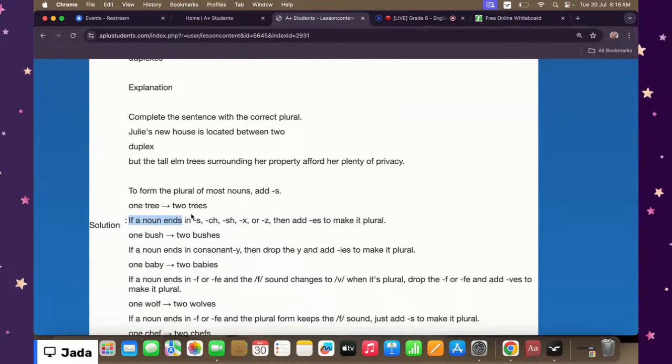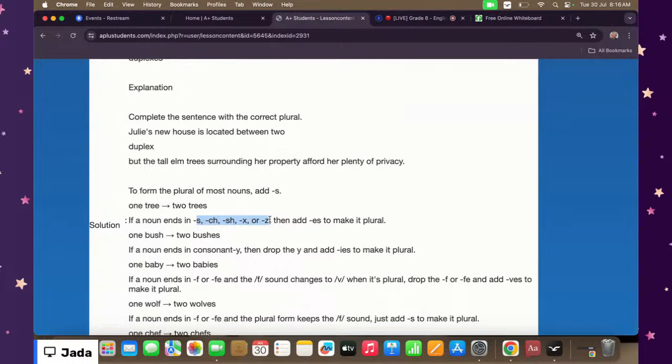Okay. Now, if a noun ends in s, ch, sh, x, or z, then add es to make them plural. So most of these nouns, if they end with these letters, you need to add es to them to make them plural. Because sometimes if you just add s, it makes your word incorrect.